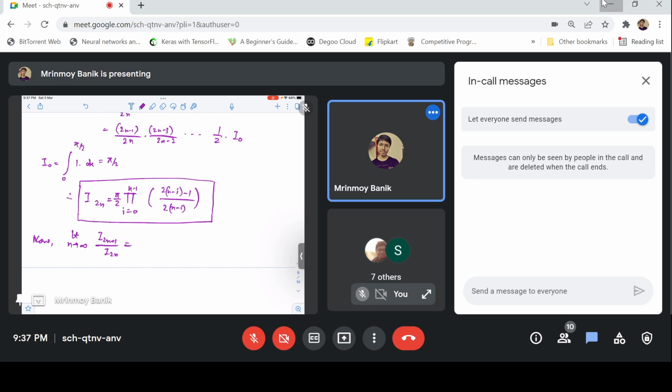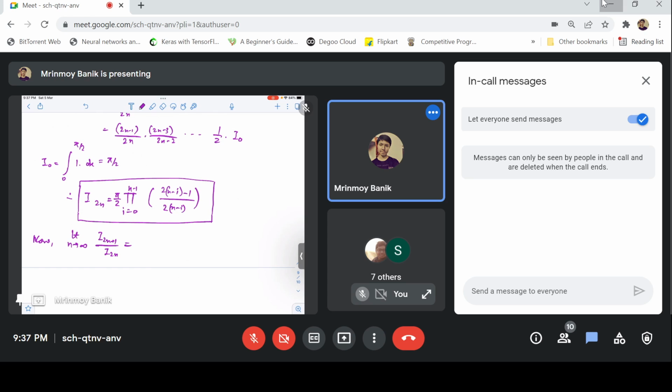I divide by I_n on both sides. Sorry, I_n. So that gives us, this thing is 1. We have to invert it.